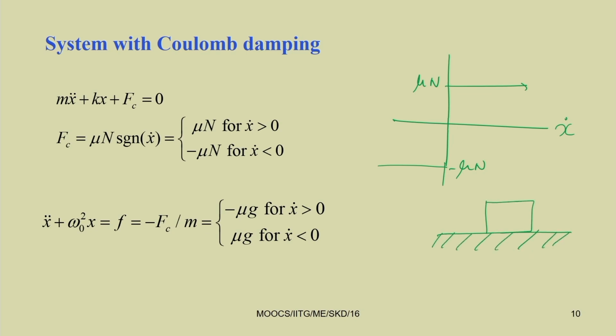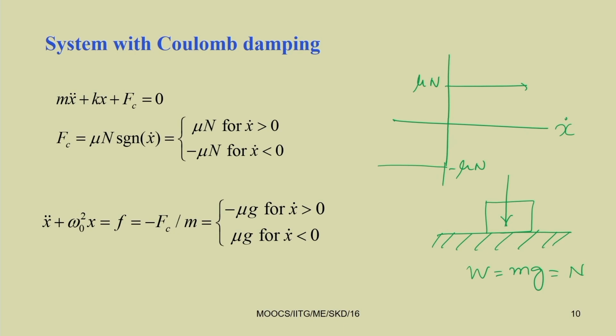Total force equal to mg, the total weight is acting. So, that weight W equal to mg is equal to the normal reaction force N. It is equal to Fc equal to mu n signum x dot. In that case it is mu n for x dot greater than 0 and minus mu n for x dot less than 0.